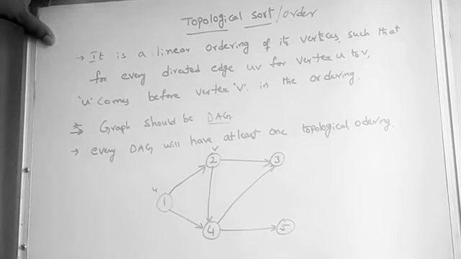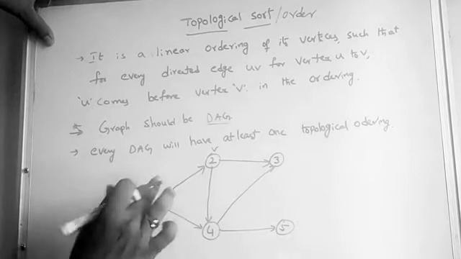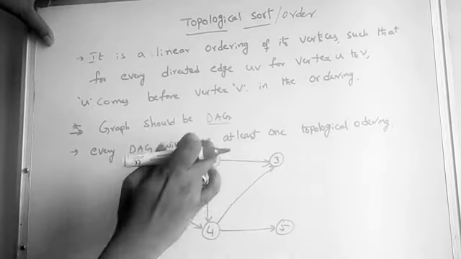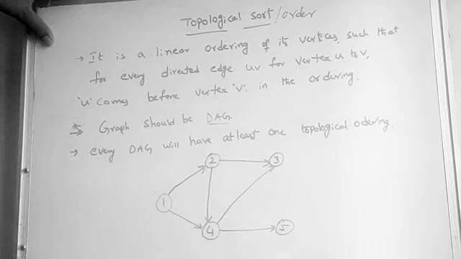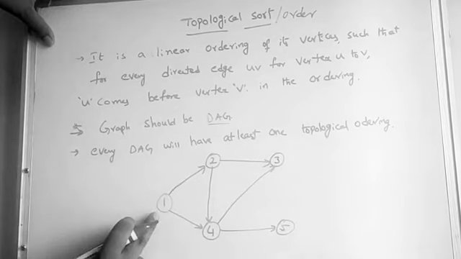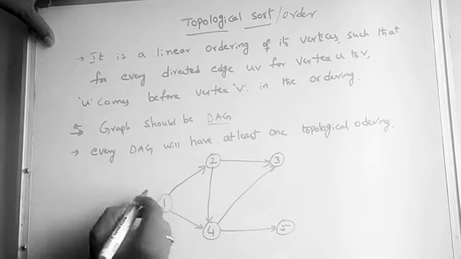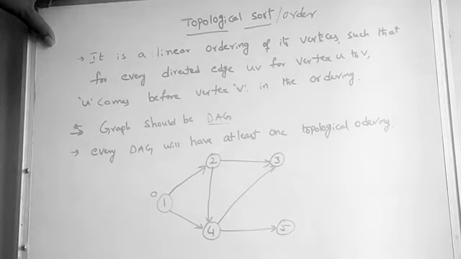Now how to find the topological order? Before finding it, first find the in degree of every node. What is the in degree? It is the number of incoming edges of the node. Node 1 does not have any incoming edges, so there is no in degree.